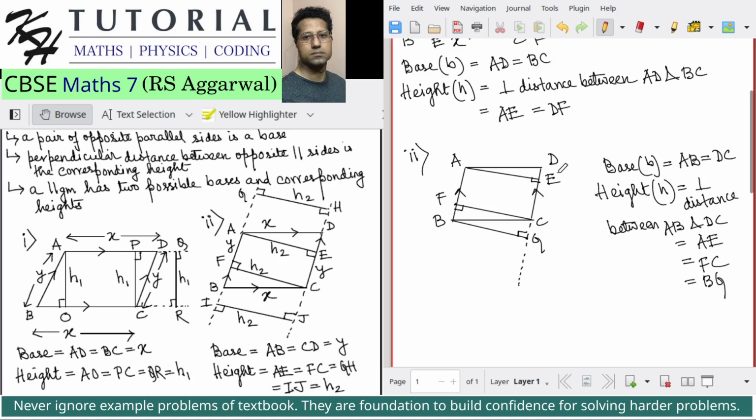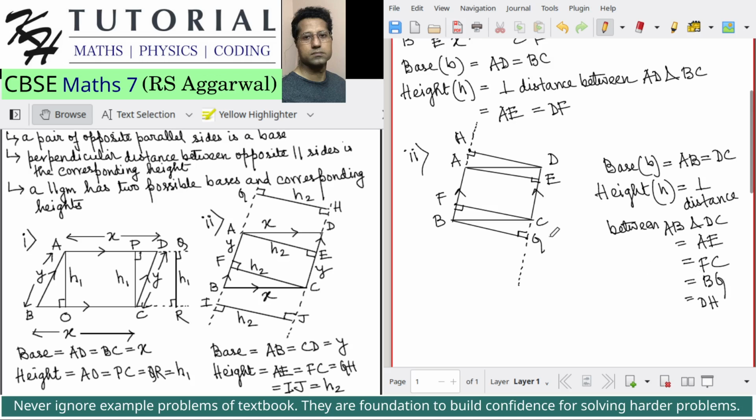Likewise, if I extend the side AB and drop a perpendicular from the vertex D onto the extended AB, and let's say this point is BH, then DH will also be the perpendicular distance between the pair of opposite parallel sides AB and DC.